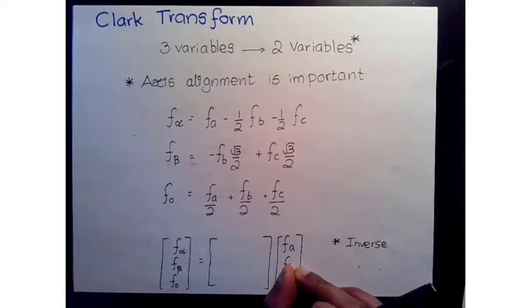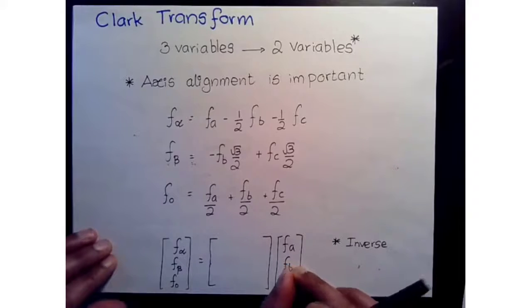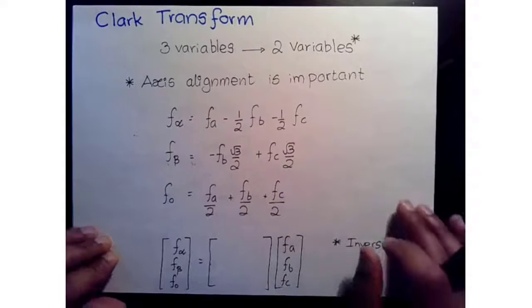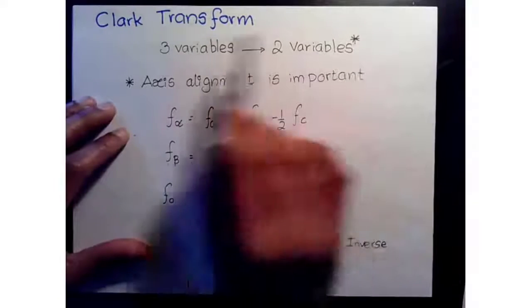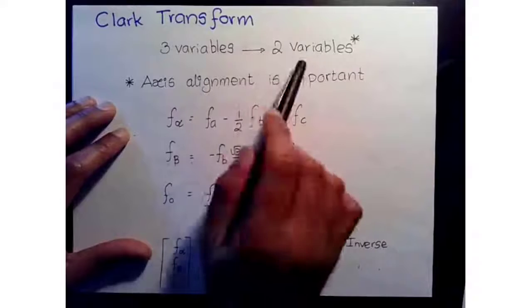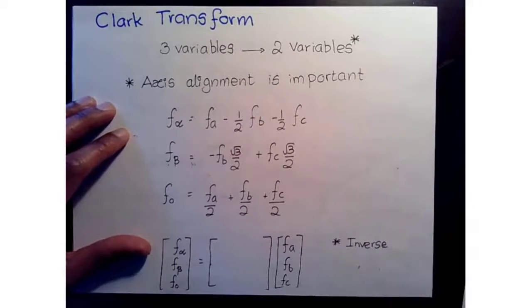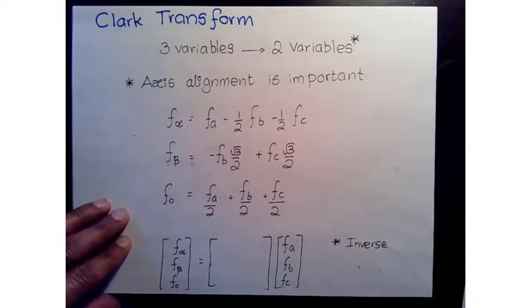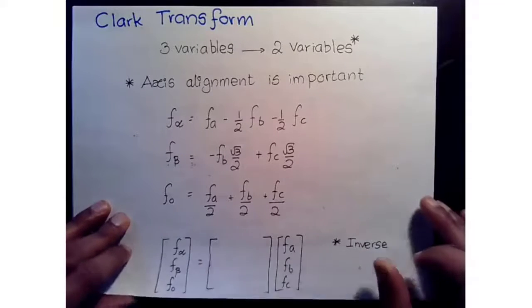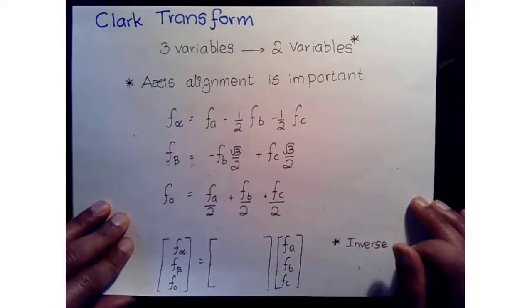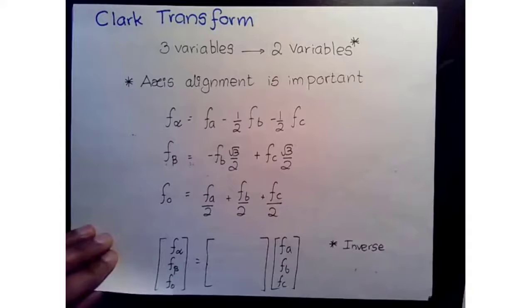Some people call it alpha beta gamma. This is the Clarke transform, and in industry they loosely call it the three-to-two variable transform. But be careful: technically that third variable is there, but it's under an assumption which sometimes can get violated, and you need to be a little bit careful in that case. All right, so the Clarke transform, we spoke about this last time.